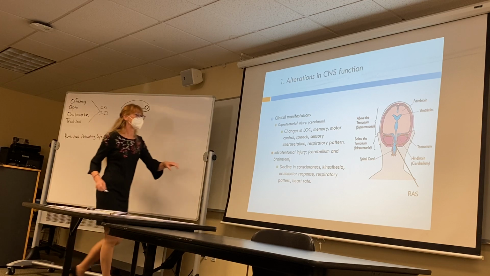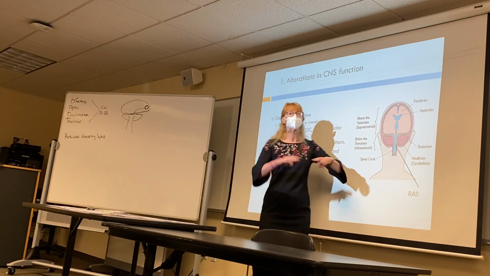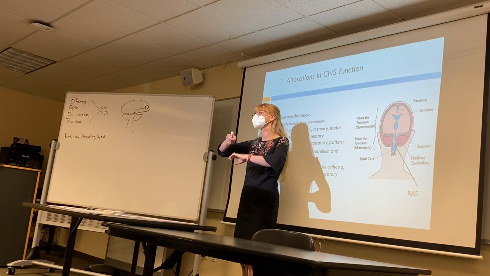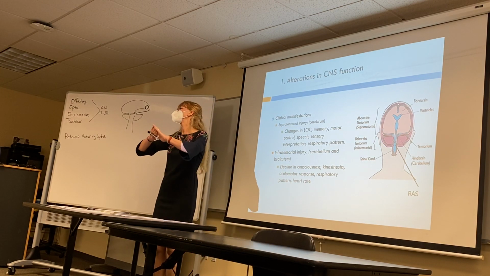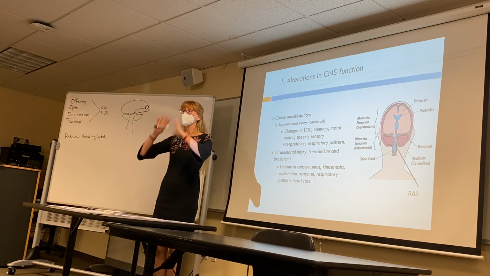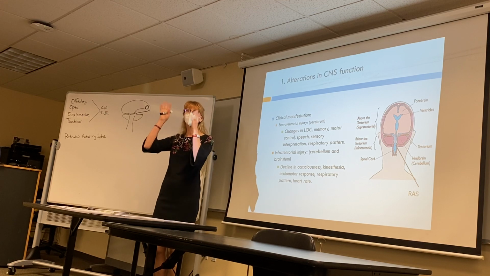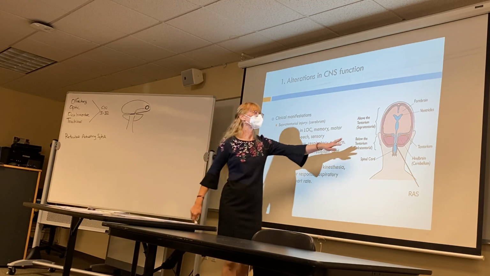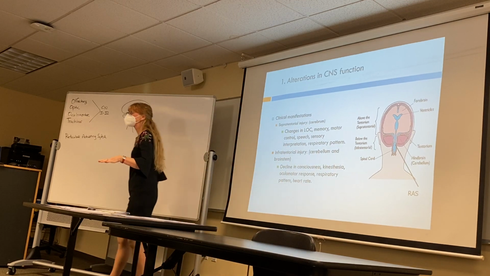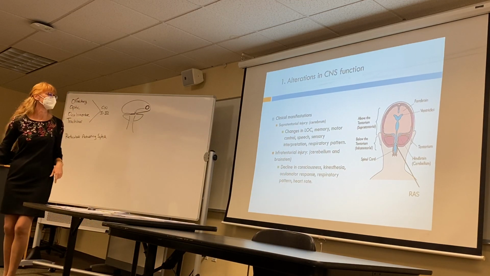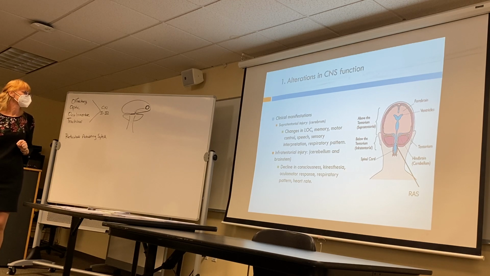So just know that the reticular activating system is in the pons and medulla kind of area. It's a little strip of tissue. And it only controls wakefulness, not thinking, not executive function, because that's what's up here in the cerebrum. Does that make sense? Okay.